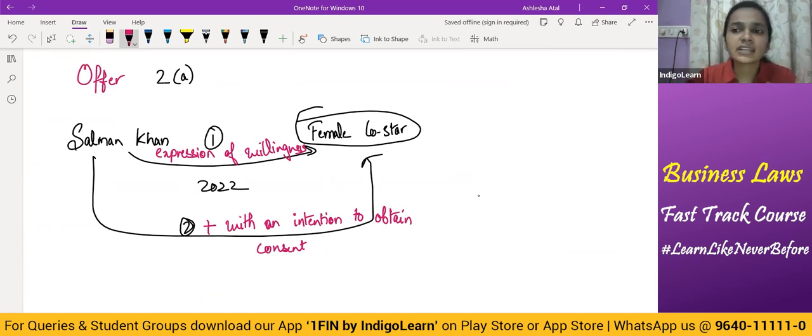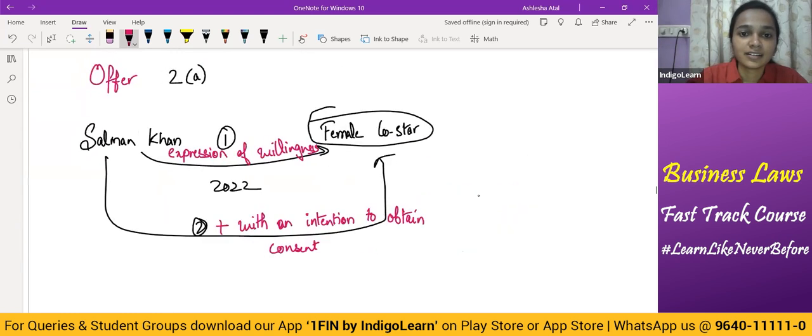So whenever studying any definition, break it into parts and read it. It will become very easy for you. So two essential elements in an offer: expression of willingness with an intention to obtain consent. And this expression of willingness can either be to do something or not to do something. Are you all clear with the definition of offer? Yes, ma'am.